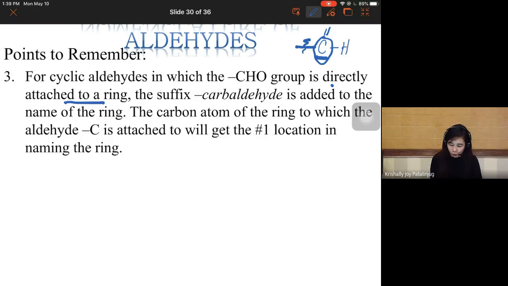Now, what will happen here is you have to use this time the suffix carbaldehyde. If you encounter a cyclic aldehyde, the suffix this time is not just al. Earlier, our suffix was only al, but this time the suffix is longer: carbaldehyde, meaning the aldehyde group is attached to a carbon of the cyclic ring.